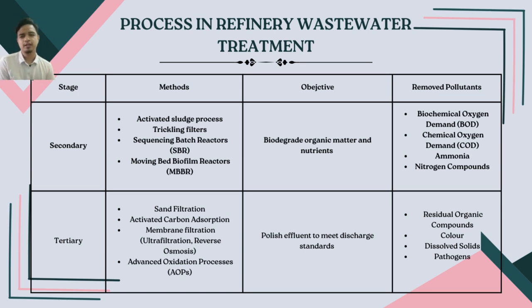The objective of these methods is to biodegrade the organic matter and nutrients. The removed pollutants are biochemical oxygen demand, BOD. Next are chemical oxygen demand, COD, ammonia, and the last one is nitrogen compounds.